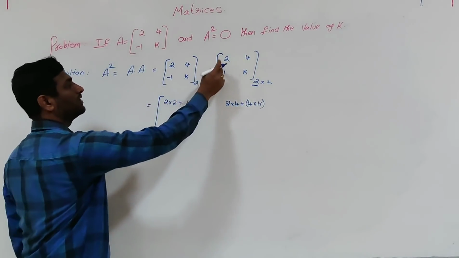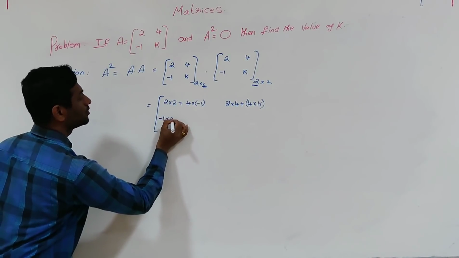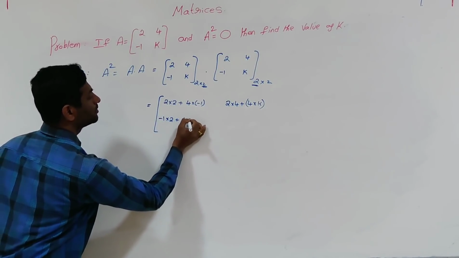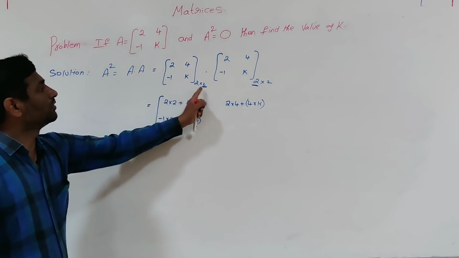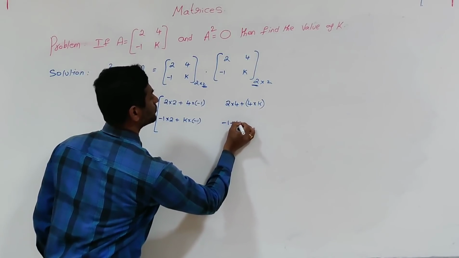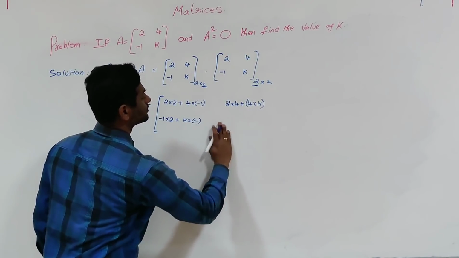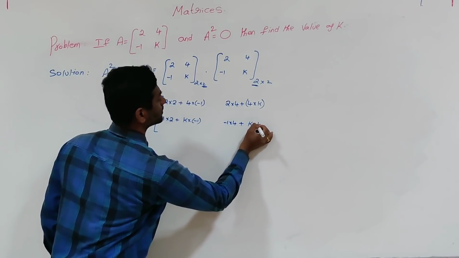Second row with first column elements: minus 1 into 2 plus K into minus 1. Next, the second row with the second column elements: minus 1 into 4 plus K into K.